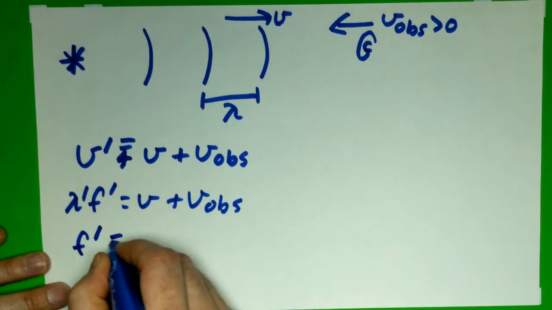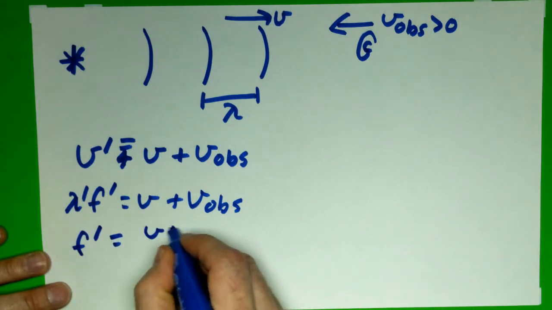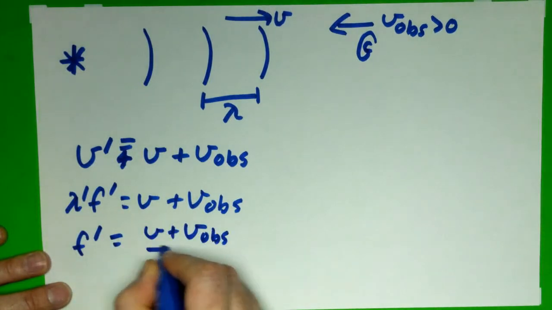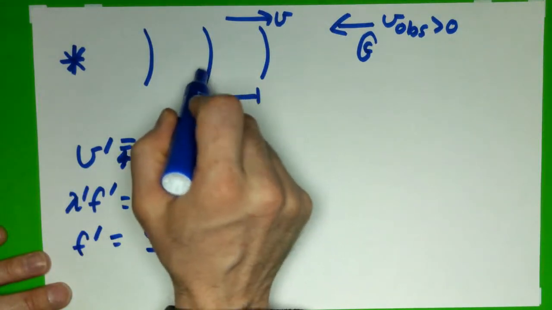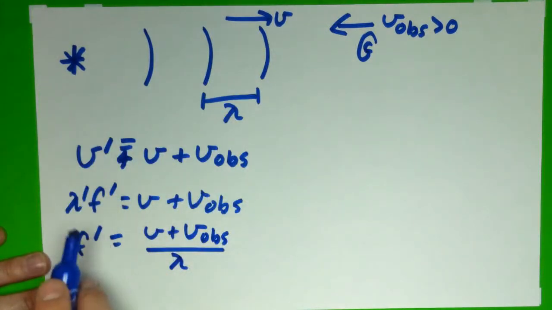So I'm going to divide down by that wavelength, so I'm going to get velocity plus velocity of the observer divided by the standard wavelength. It's the true wavelength because there's the same amount of material in between it, whether or not I'm moving into it. But I do perceive a change in frequency.